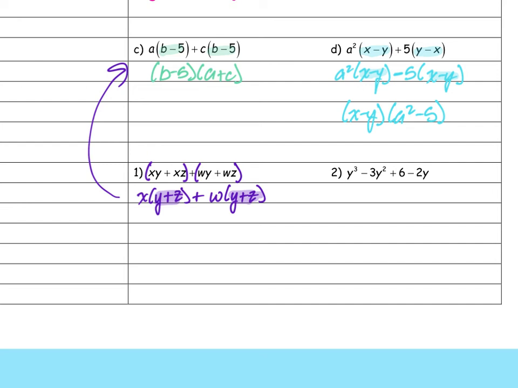Because if I don't do that, then the next step doesn't work. And the next step is what we've been doing above, where I can factor out a y plus z and get left with x plus w. And there's my answer. So if I multiplied this out, I would get this. Are there any questions?